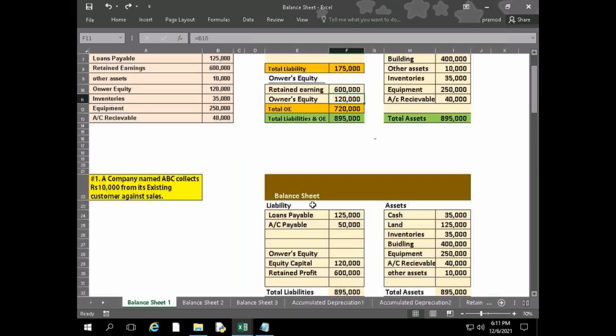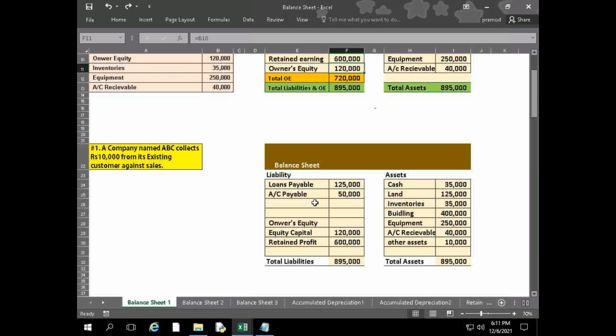Not only this, now you have the next question to answer. It should be 8,95,000 only, but you should change something. Whenever you change something, it should also be reflected. The question says: a company named ABC collects rupees 10,000 from its existing customer against sales.